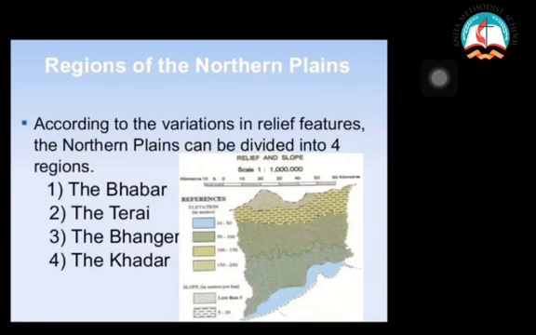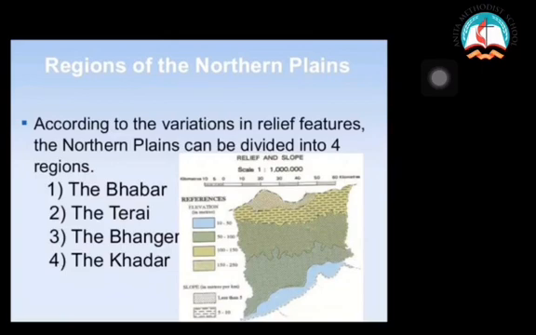These rivers deposit an enormous quantity of sediments along the foothills and floodplains. Foothills means low mountains at the base of a higher mountain.